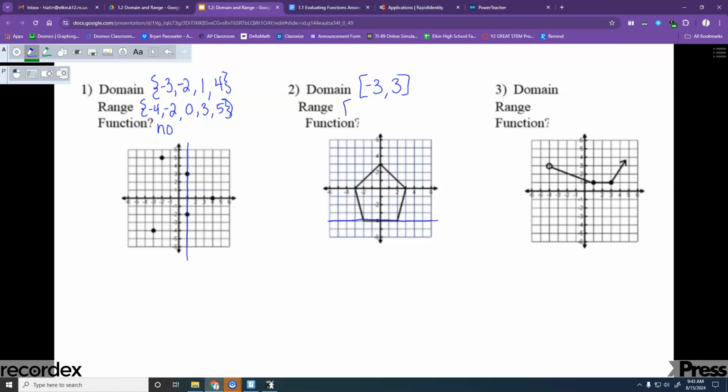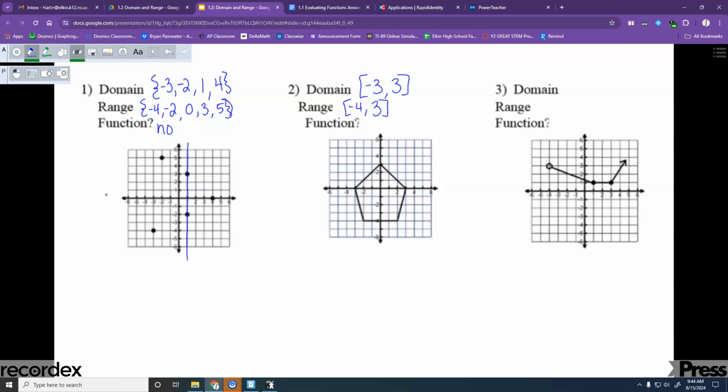So you'll have negative 4, and then all your horizontal lines. You guys just use your spaghetti. All these horizontal lines are still hitting the graph, right? Where does it stop hitting the graph? Positive 3, and we're going to include that one as well, right? So negative 4 to positive 3 is your range.